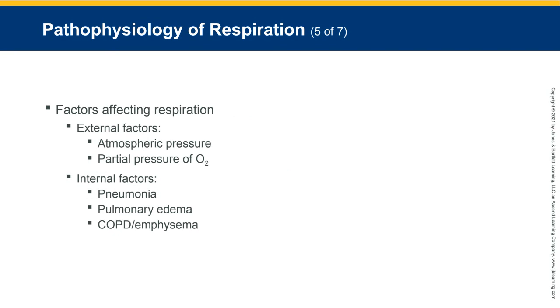Again, you can have external factors and internal factors. External factors: atmospheric pressure can interfere with respiration. If the partial pressure of O2 is not balanced, that can interfere with respiration. Internal factors that can affect respiration: pneumonia, pulmonary edema, COPD, emphysema.